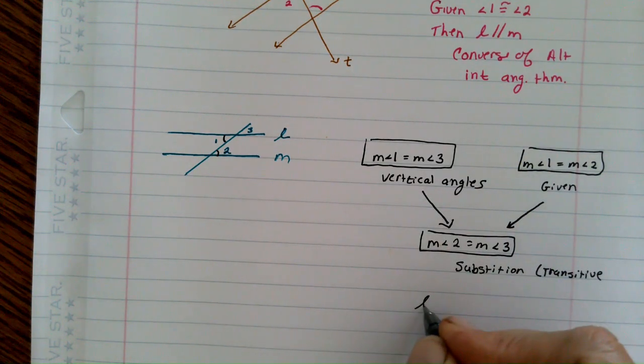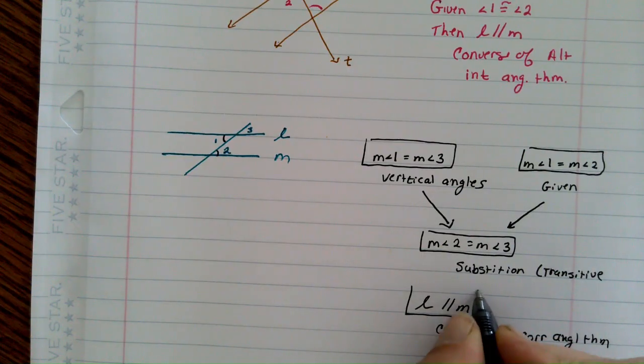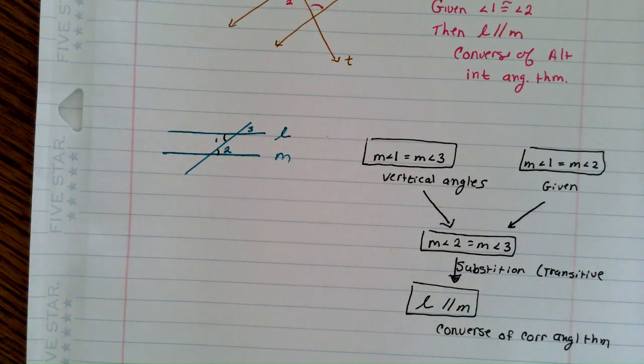So that means L must be parallel to M due to the converse of the corresponding angles theorem. And this would be considered a flow proof because it's just a flow chart. So any rule that you've learned about parallel lines is true in reverse as far as the course. So the converse is going to hold true. So you can use that to say things are parallel.